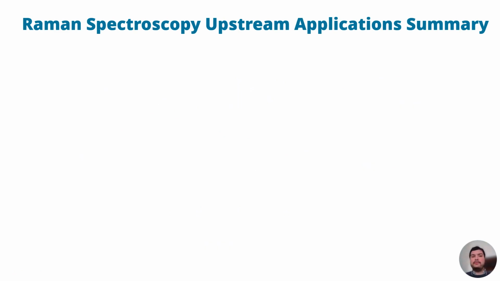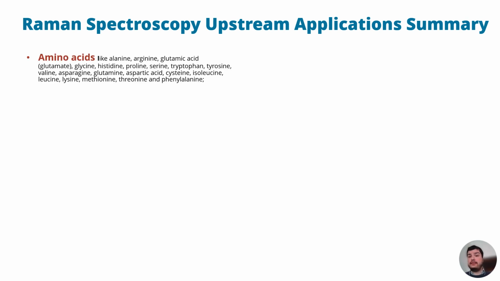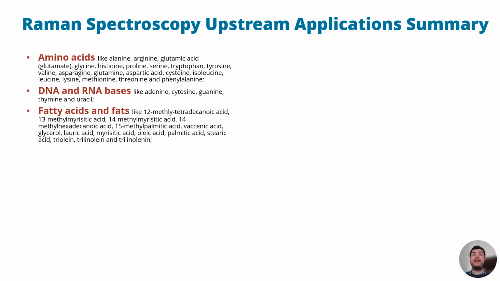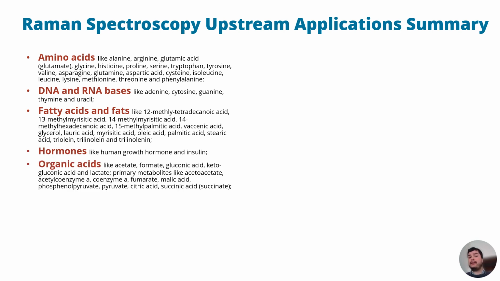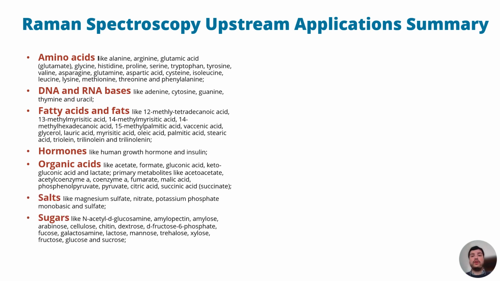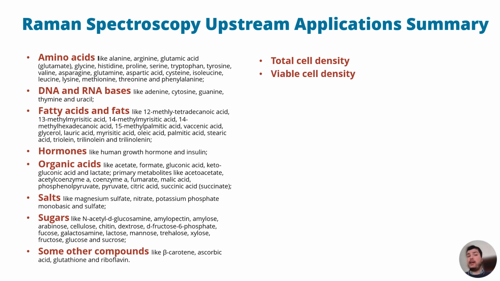To summarize the upstream applications, Raman spectroscopy, along with the appropriate mathematical modeling for multivariate data analysis, is demonstrated in numerous papers to be able to measure and predict existence or concentration of amino acids like glutamine and glycine, DNA and RNA bases, fatty acids and fats, hormones, organic acids like lactate, salts, sugars like glucose, and other compounds, and quantify key process parameters such as total cell density, viable cell density, product titer, viability, antibody titer, and osmolality.